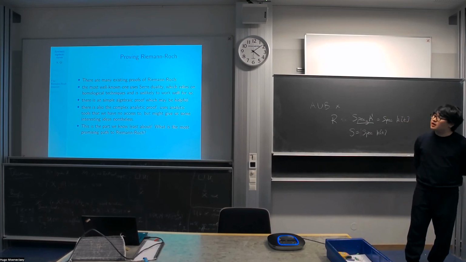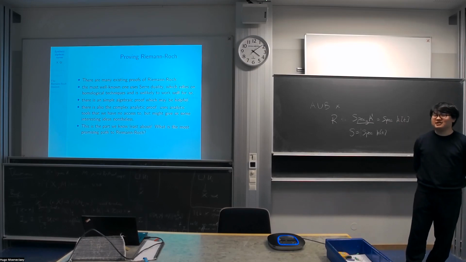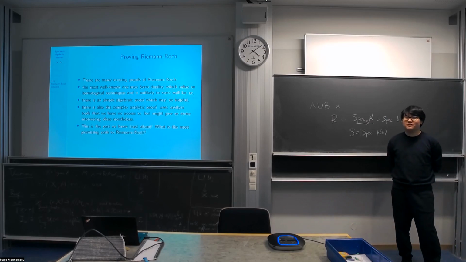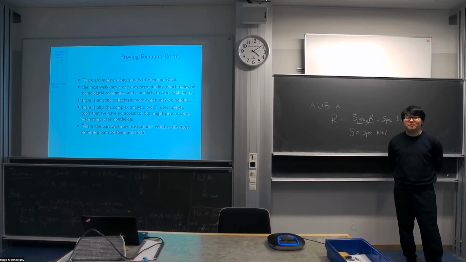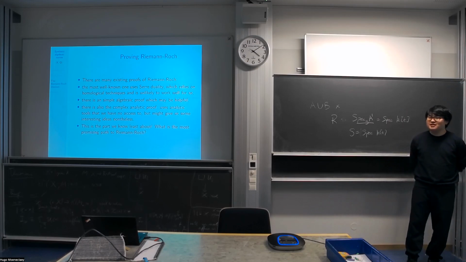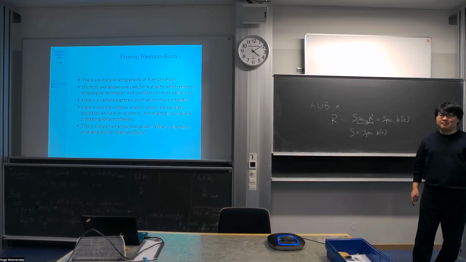That might be helpful. But there's also a complex analytic proof, which is of course not completely useful to us because there are no analytic tools in our setting, but maybe there are some ideas.